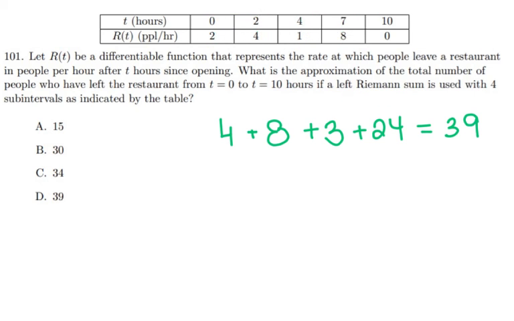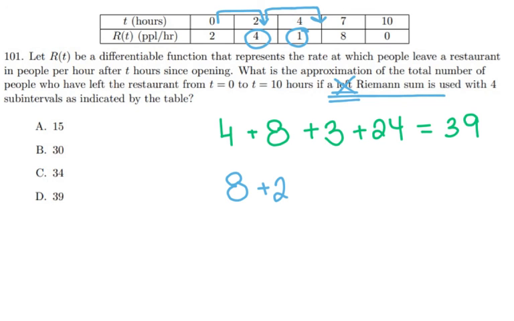If they ask you for the right Riemann sum, not the left one, you could also use the table to do these calculations. You would have x increasing by 2 and y is 4, so we get 8. I'm taking the right side values for r. Then x is increasing by 2 and the height is 1, so I will get 2.